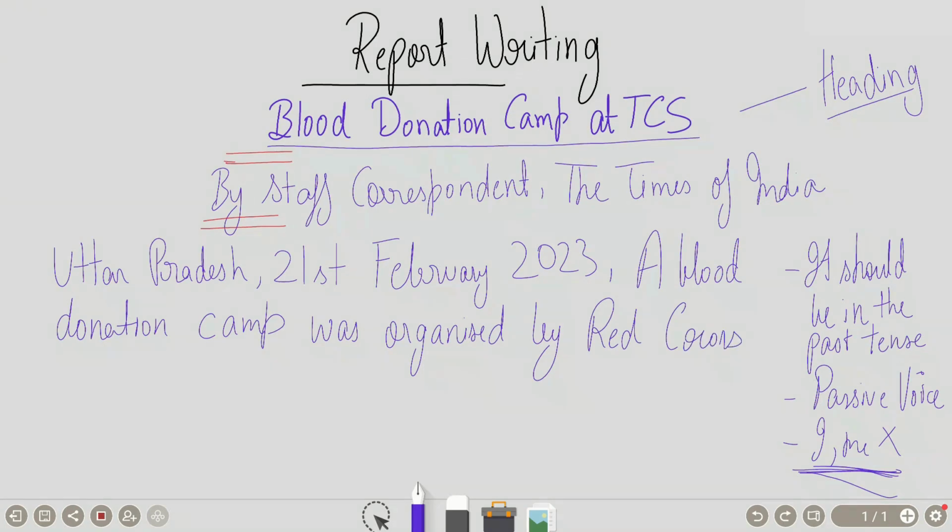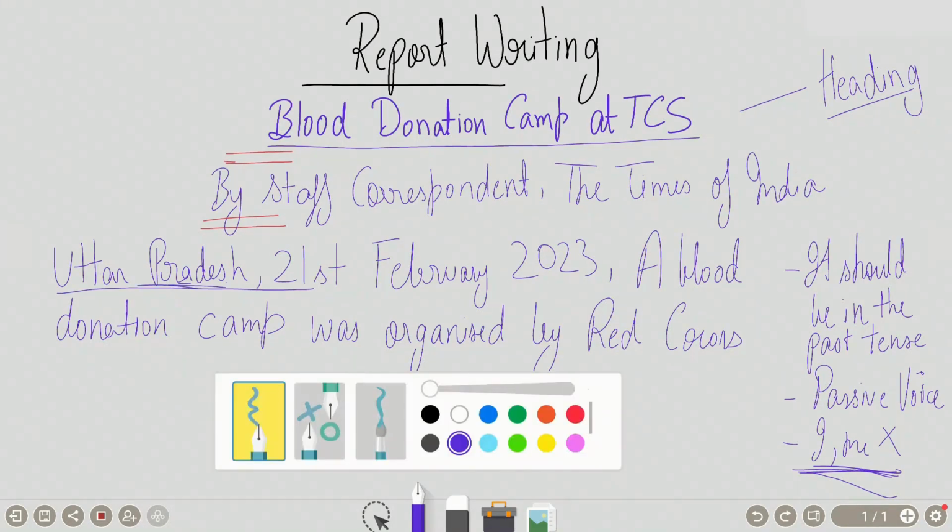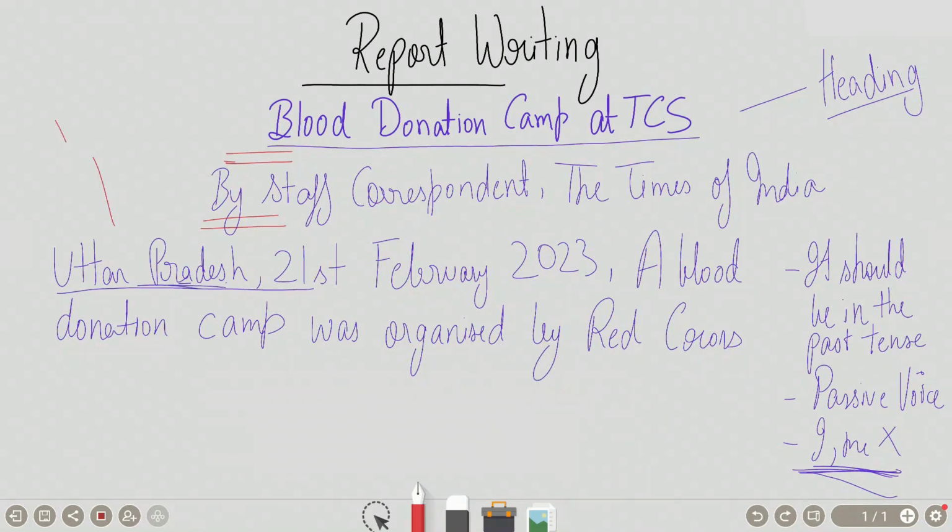So what is the main thing here? The first is the place. You will not underline it. I'm just showing you. First the place will come, then the date.